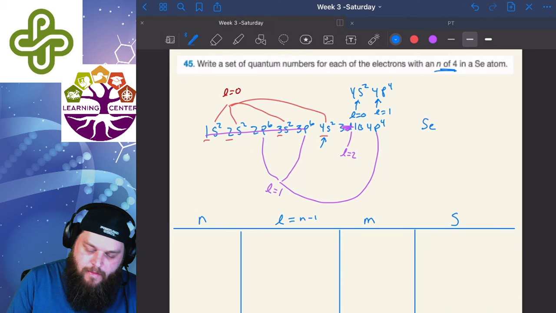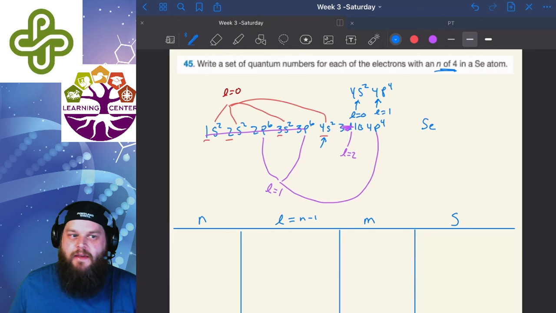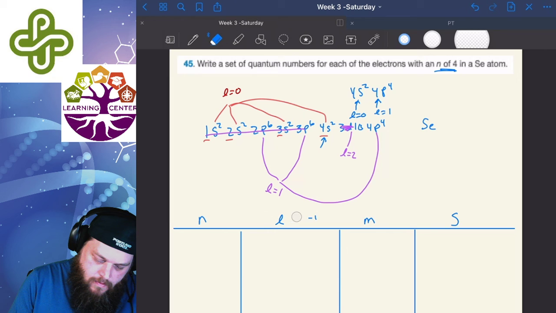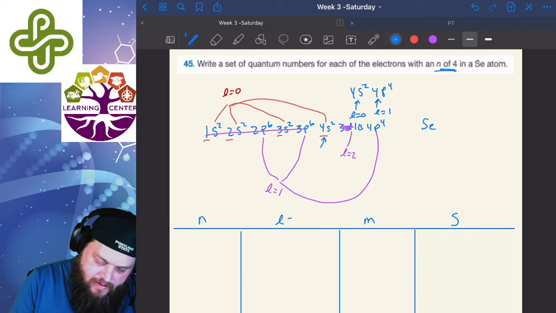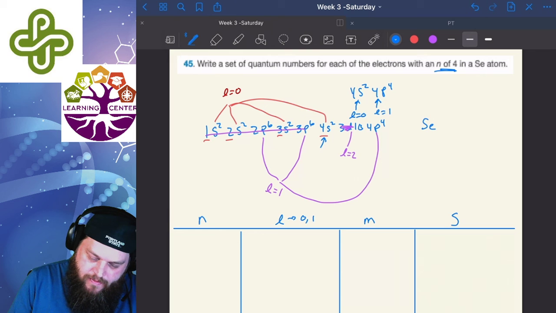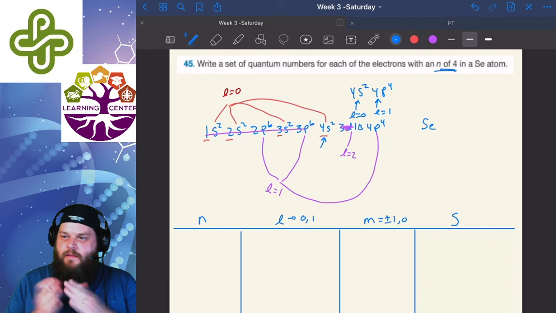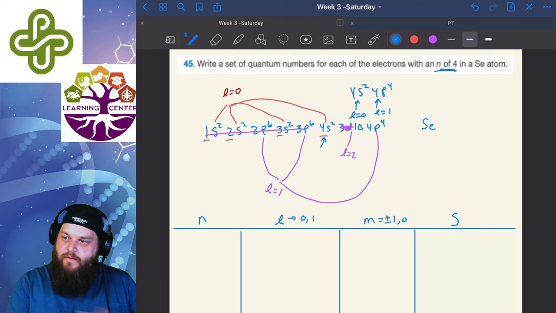Now M can be the same as L plus or minus. So in this case, L here is going to be 0 or 1. So M is going to equal plus or minus 1 or 0. It can't go greater than L, but it can be equal to L, but it can also be negative.